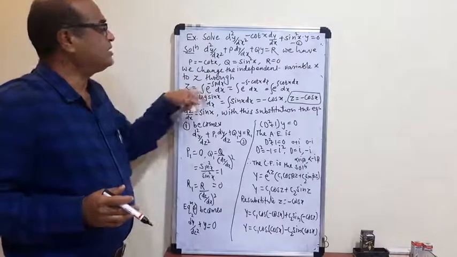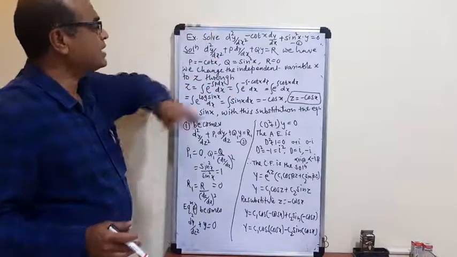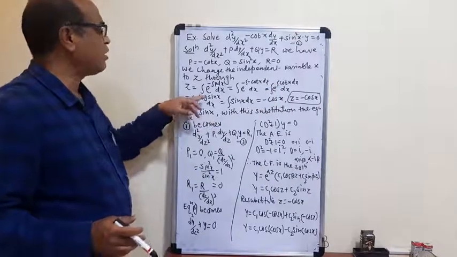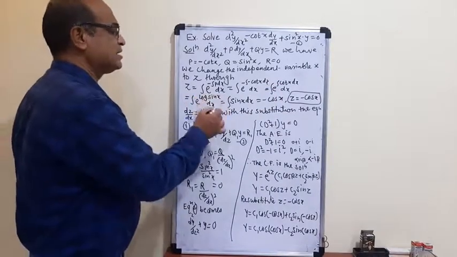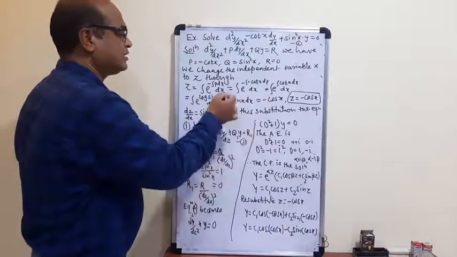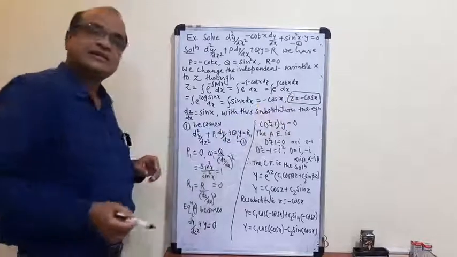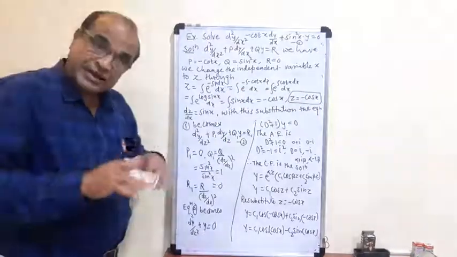Put p is equal to minus cot x, then find the integral. That is e raised to log of sin x, so we get sin x. Again, the integration of sin x is minus cos x. So z is equal to minus cos x. This is z in terms of x.